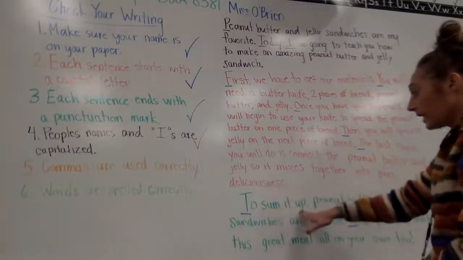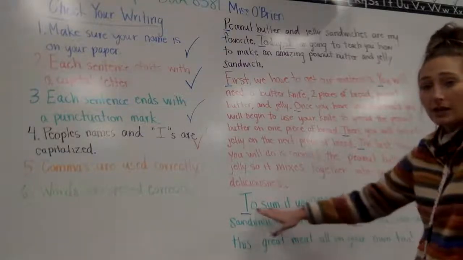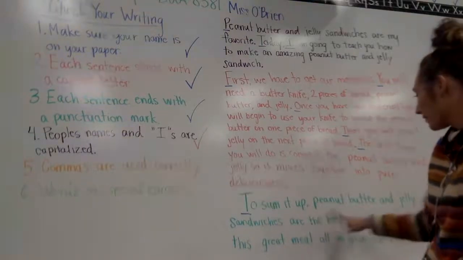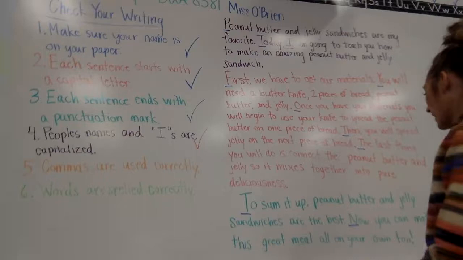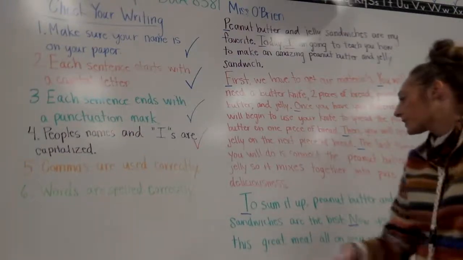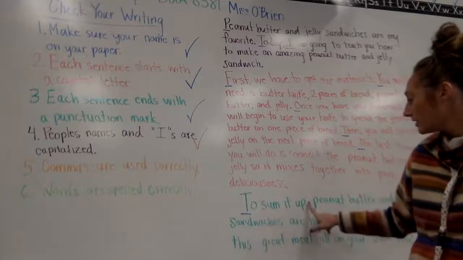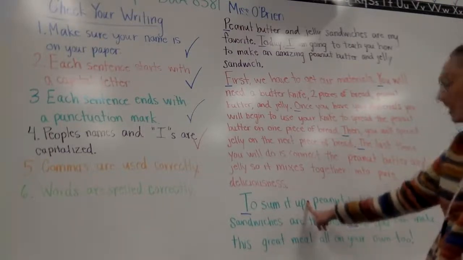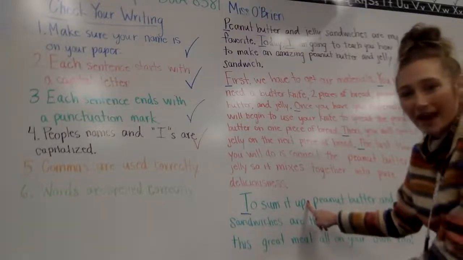But here's my conclusion linking word. To sum it up, comma, peanut butter and jelly sandwiches are the best. Now you can make this great meal all on your own too. So let's see what it would sound like without the comma. To sum it up, peanut butter and jelly sandwiches. Ooh, that's just so fast.